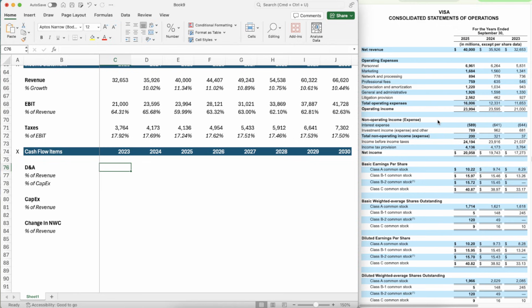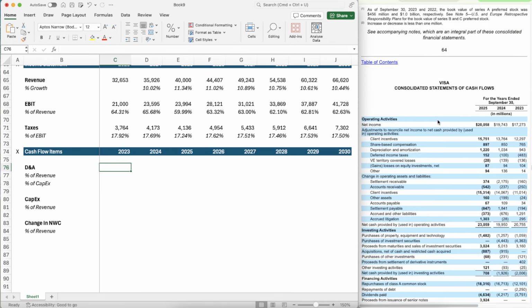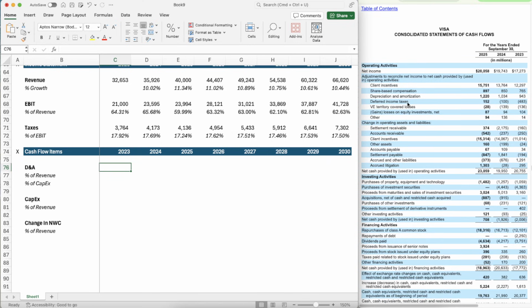Okay, so the cash flow statement is the last of the financial statements. This one here. We want to look at this line, depreciation and amortization. This is our change in net working capital, where we sum up these figures. Then purchase of property, equipment, and technology is our capex.